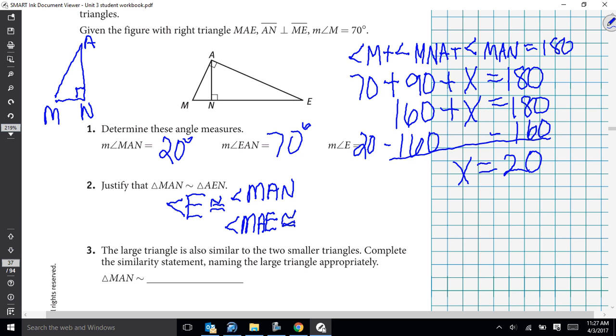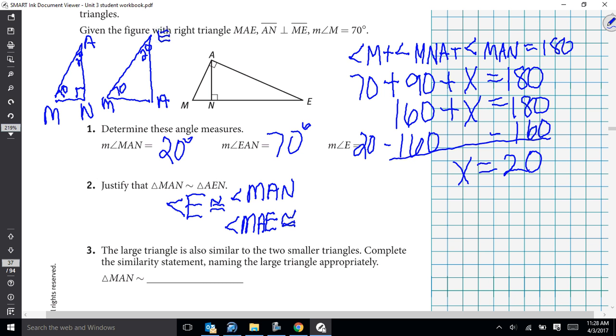All right, so I just wrote that triangle separately. Now I'm going to do the big triangle. Here's my right angle. So I'm going to match A there. So A, and this is M, and E. All right, so is that easier to see, to line the angles up? Yeah.